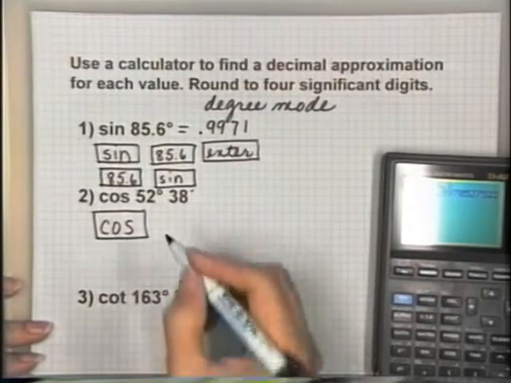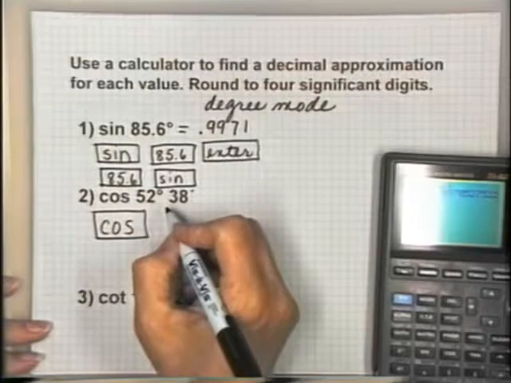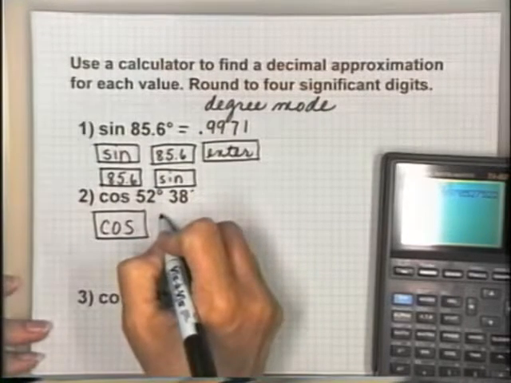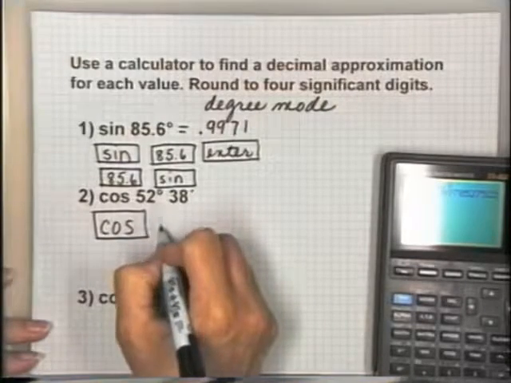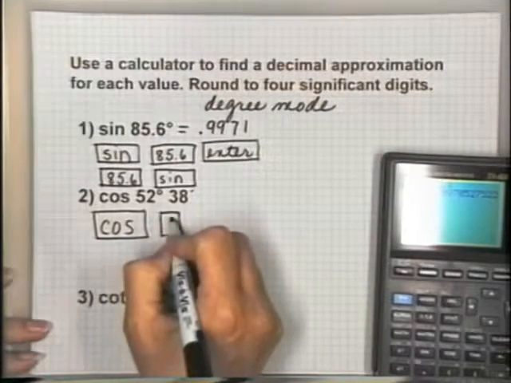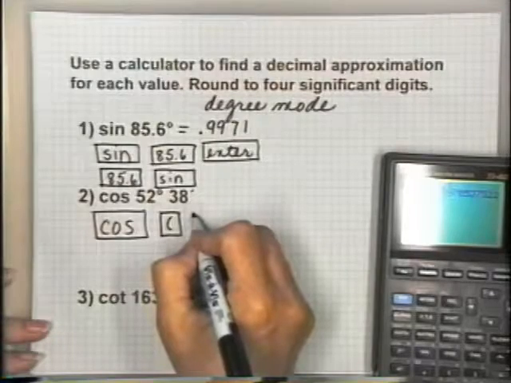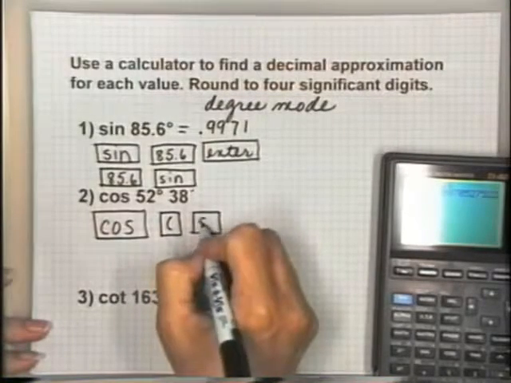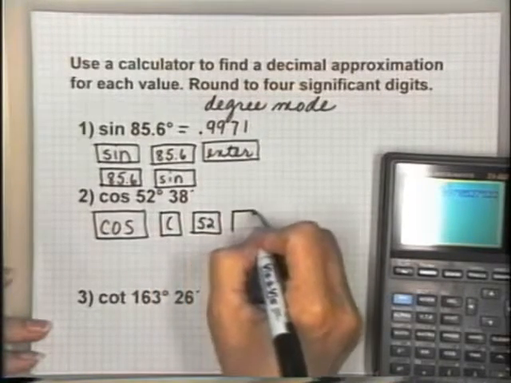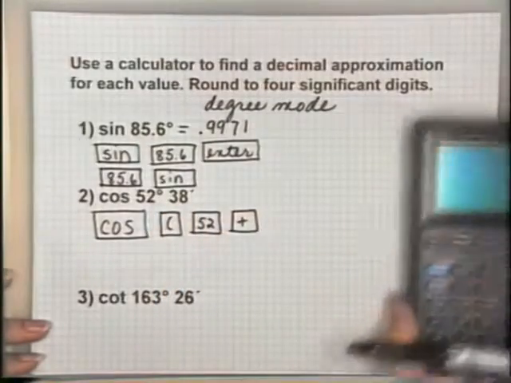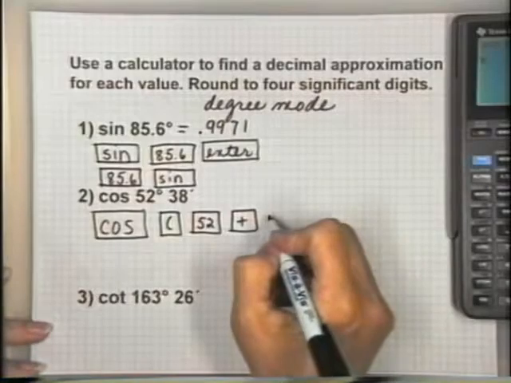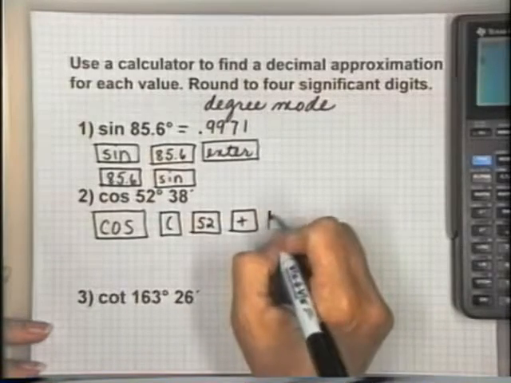If you want to know shortcuts, and incidentally some of them aren't that short, you can read your directions. But when I enter this angle, I'm going to use parentheses, and then I'll enter the 52, and then I want to add to that the 38 minutes, which to get its decimal value means 38/60.